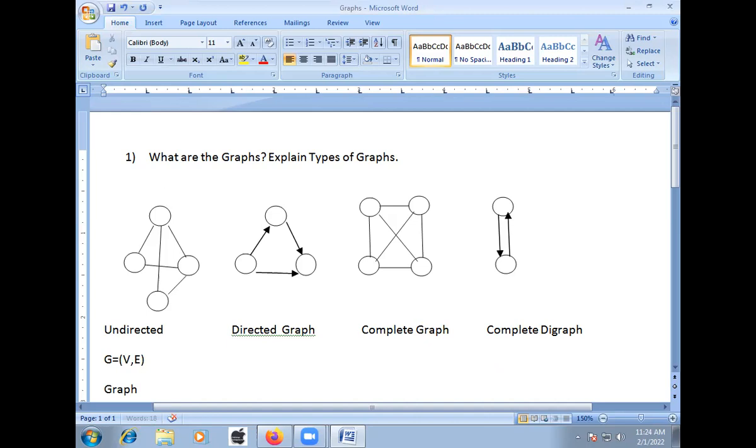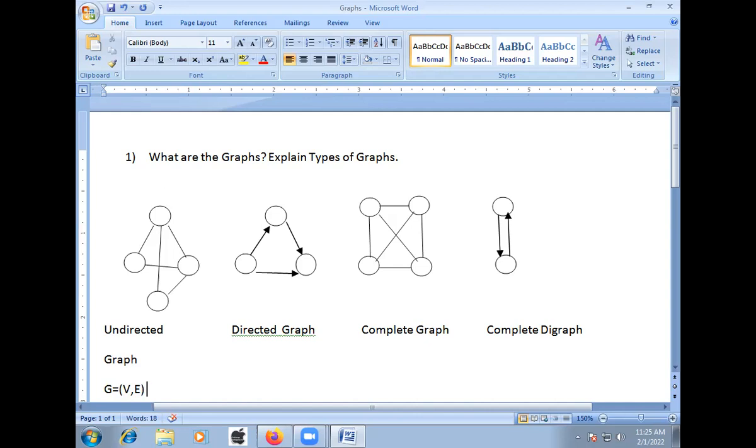This is the graph representation: G is equal to V comma E. It is an ordered pair of finite sets of vertices and edges.